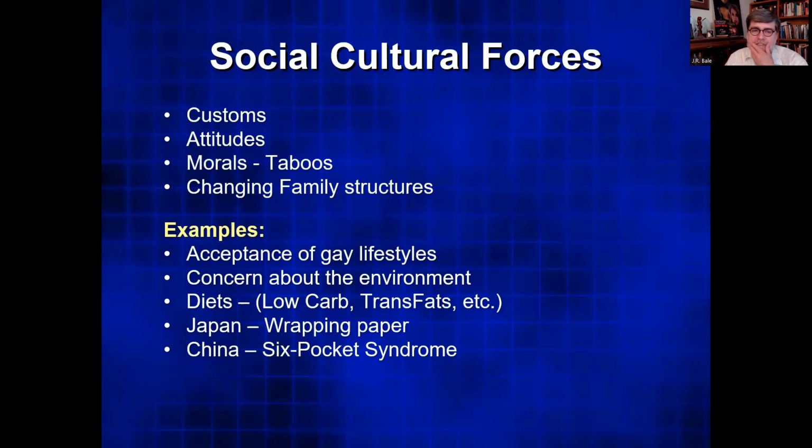China has something called six pocket syndrome. This was described to me, and I have to go back a little bit in history to explain how this all came about. If you are familiar at all with the Chinese Revolution, Chairman Mao basically took over China and imposed communism on China.